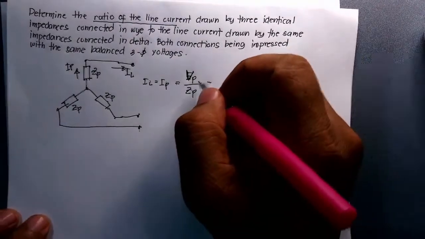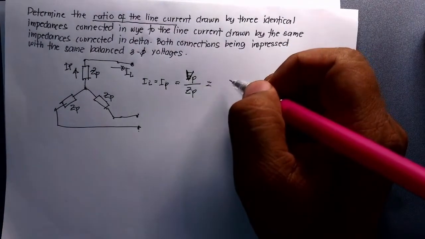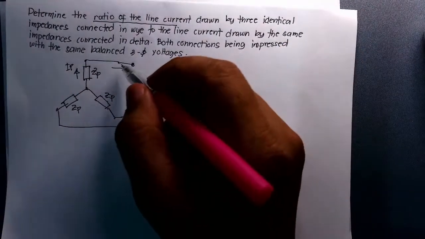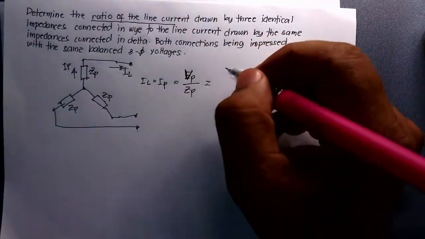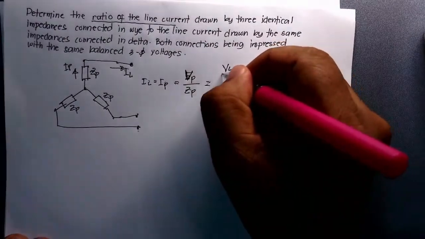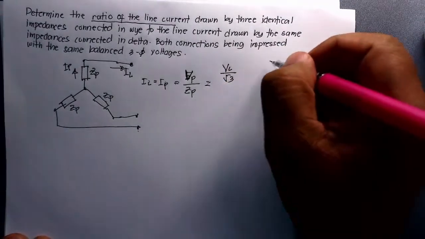So V P, or the phase voltage for this setup, which is Y connected, is equivalent to V line over square root of 3.